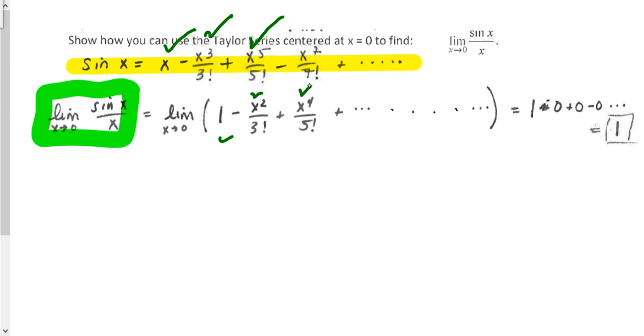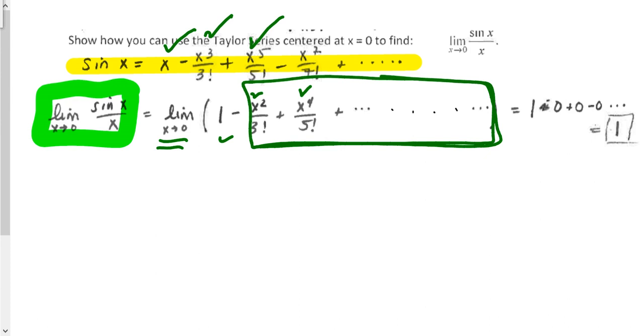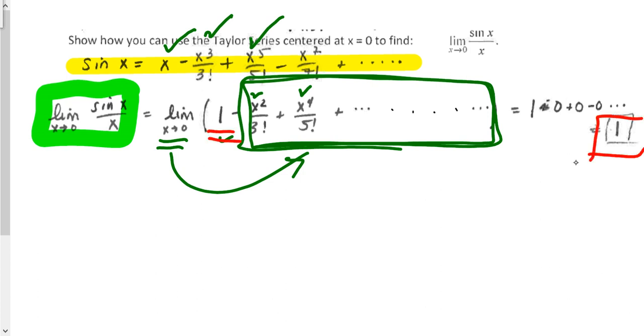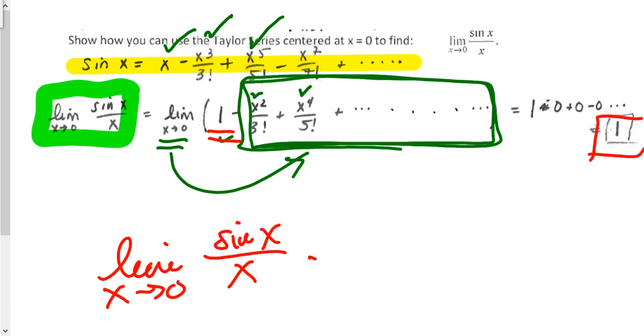If I just do that term by term, and then think about the fact that I'm taking a limit as x approaches 0, every term in here, which is all of them except the first term, is going to zero out because x is approaching 0. So that just leaves me with the 1, which is the limit that you memorized back in the day, as x approaches 0 is 1.